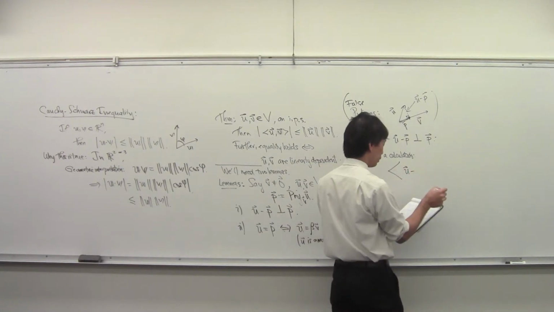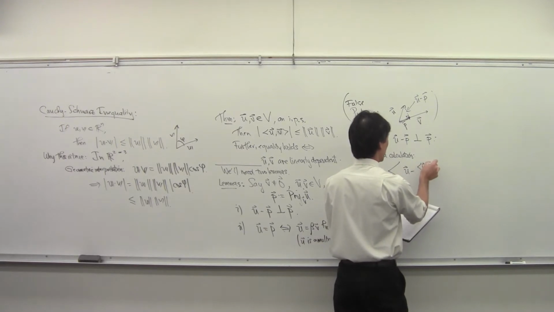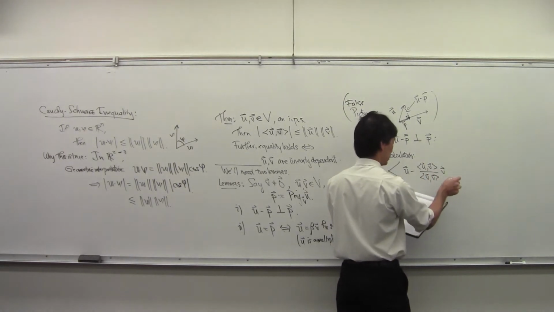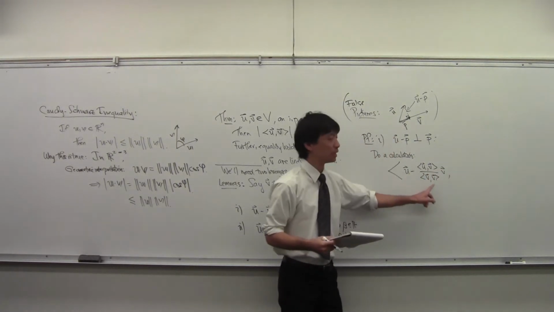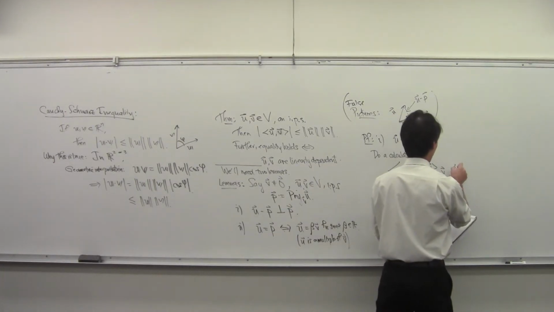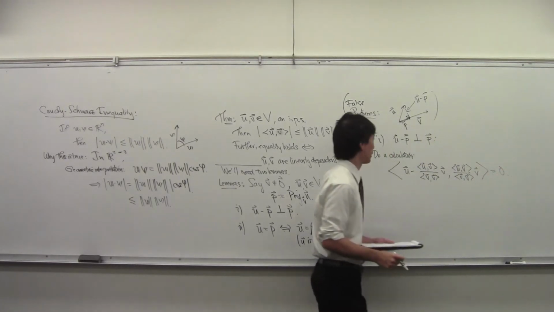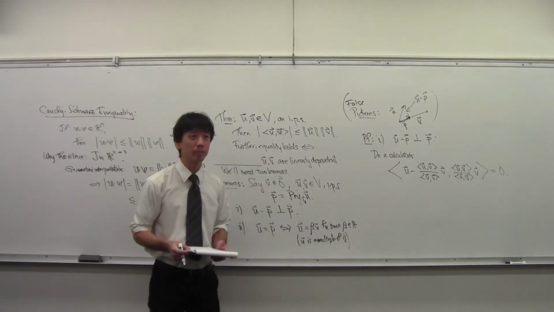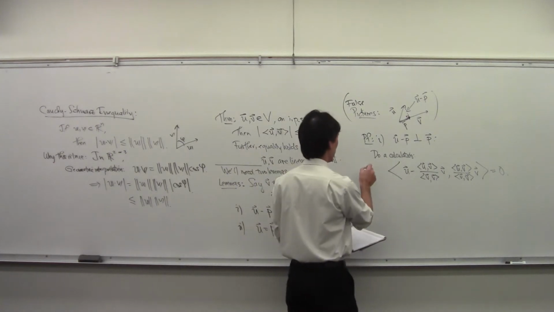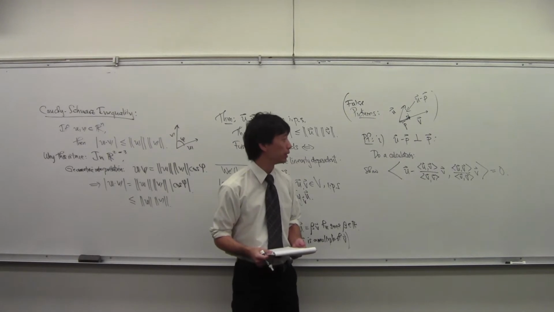We say, okay, U minus P, well, what's P? P is the inner product of U and V over the inner product of V against V, times V. So this is U minus P, and then we have P, equals 0.